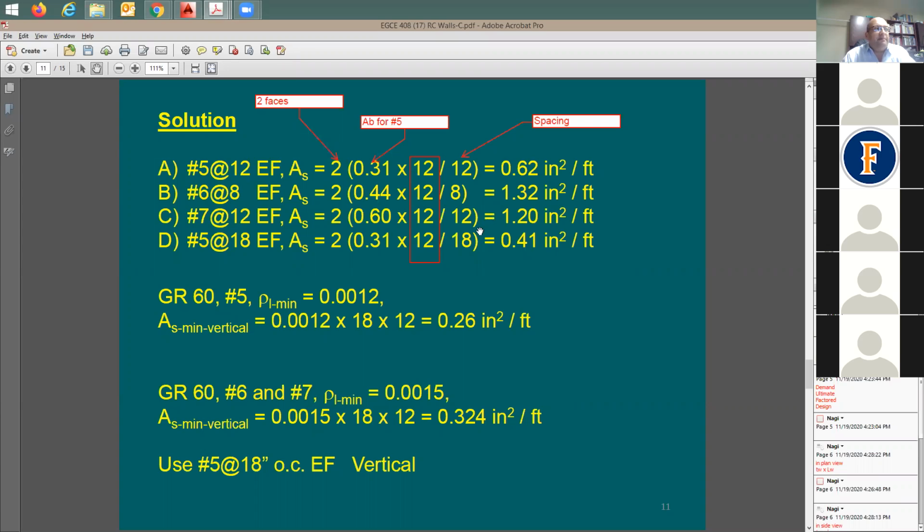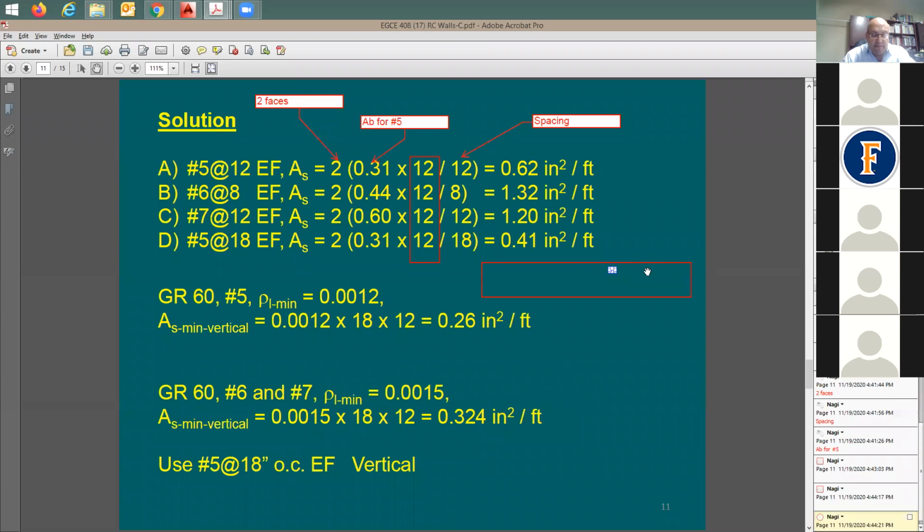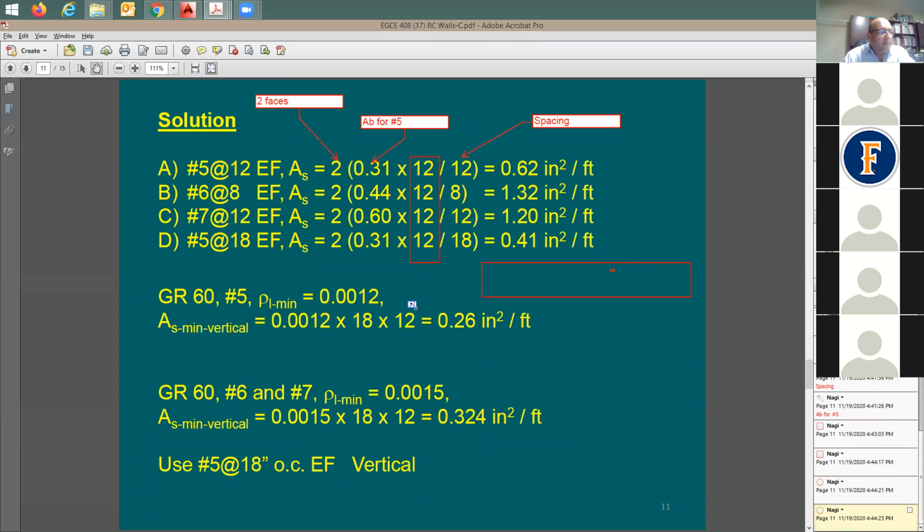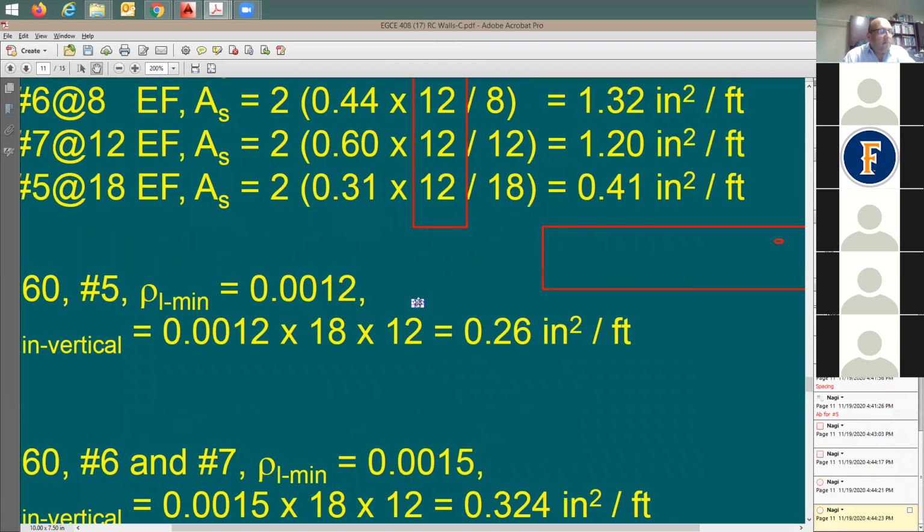So again, here's the wall section, and they have a bar right here. So you see, here's 1 bar. Another set of bars. And the third set of bars.